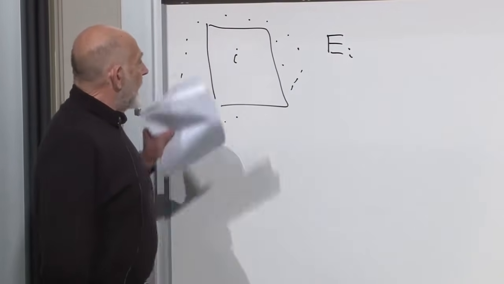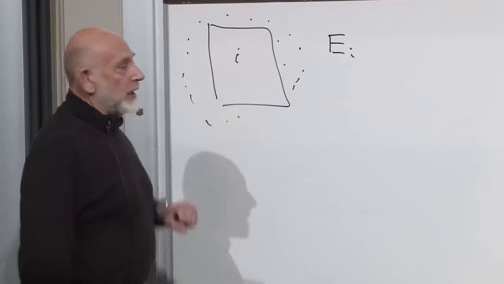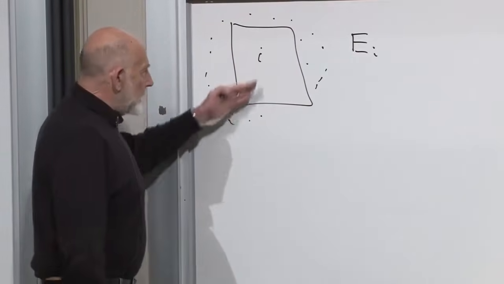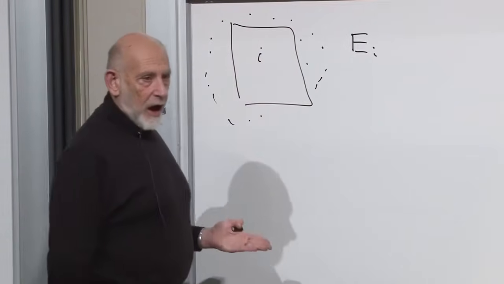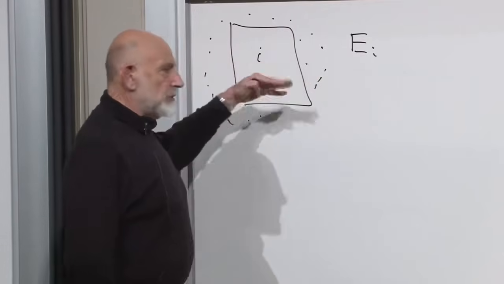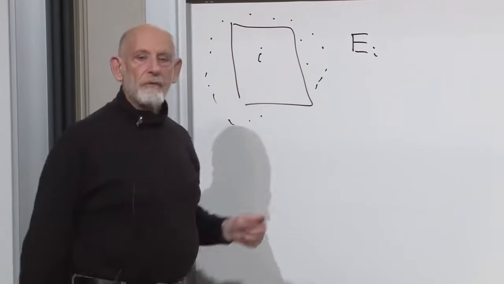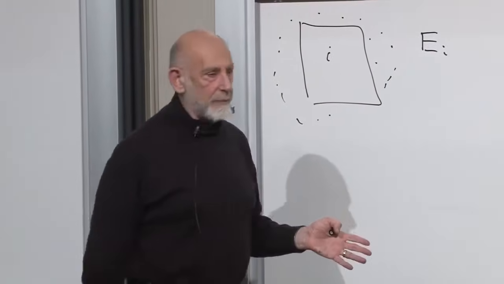Now, when a system comes to equilibrium, it doesn't come to a particular state I. It's interacting with its environment. Energy is going back and forth. Complicated things are happening.